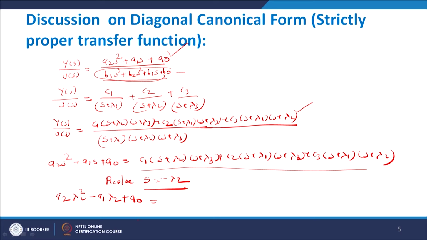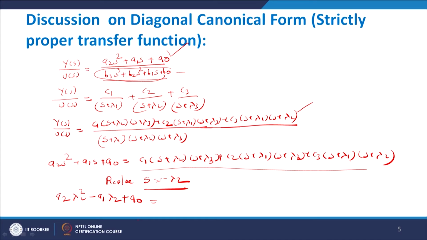when we replace S equals to lambda 2 in these equations, what will happen? This term becomes 0, since we replaced S equals to lambda 2 here. That means the remaining terms are S plus lambda 1 and S plus lambda 3.